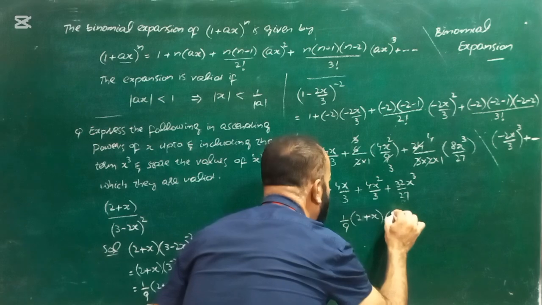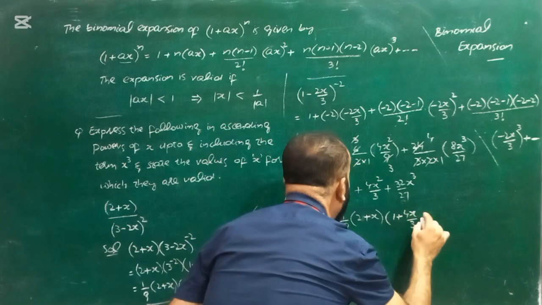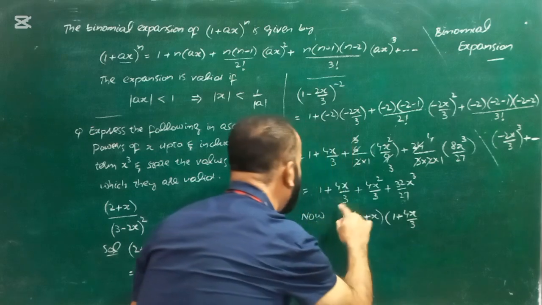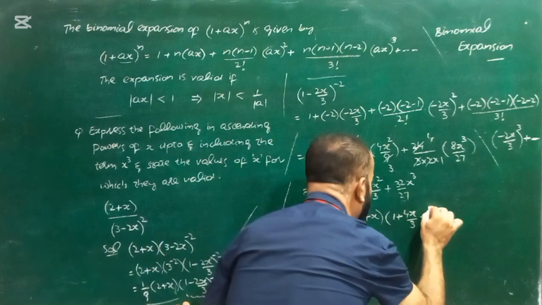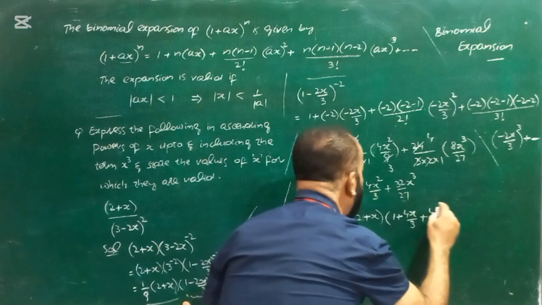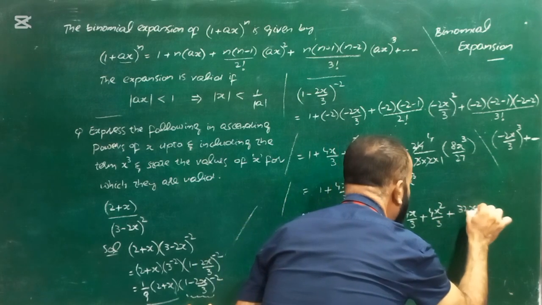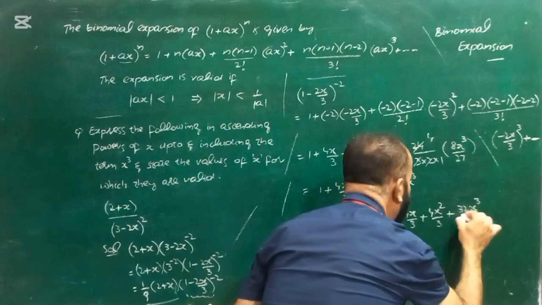So 1 plus 4x over 3 plus 4x square over 3 plus 32x cube over 27.